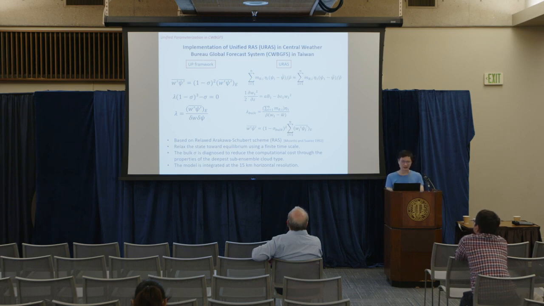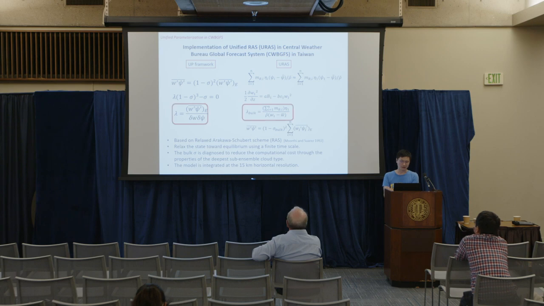So we have a lot of equations here. On the left side is the framework of unified parameterization, so we have to determine each part of these parameters individually. The first one is the equilibrium adjustment of the cumulus parameterization, that's the mass flux parameterization in the RAS. The second one is the cloud grid scale difference of the vertical velocity, which we decide through this vertical kinetic energy equation.